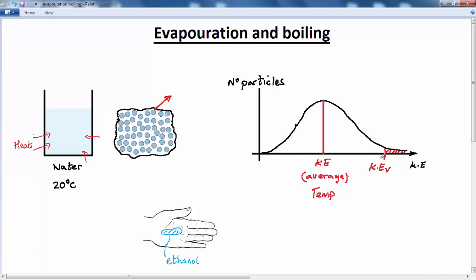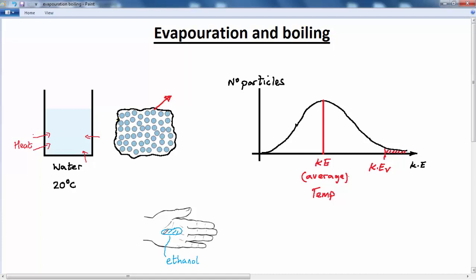Now, just as we've said here, within this liquid structure, some of the particles of ethanol will be moving very quickly indeed. They'll have enough energy to move into the gas state, and as they do so, the average kinetic energy of the particles drops. Therefore, the temperature of this little pool of ethanol will drop, and therefore heat will pass into the ethanol to increase its temperature.